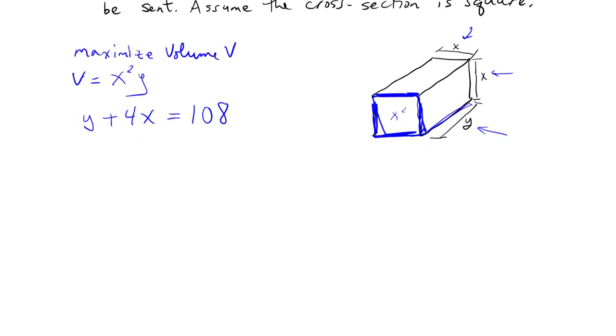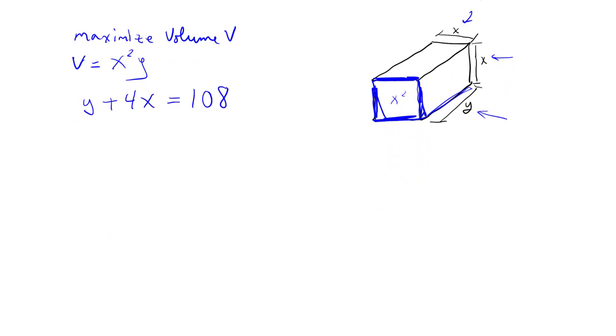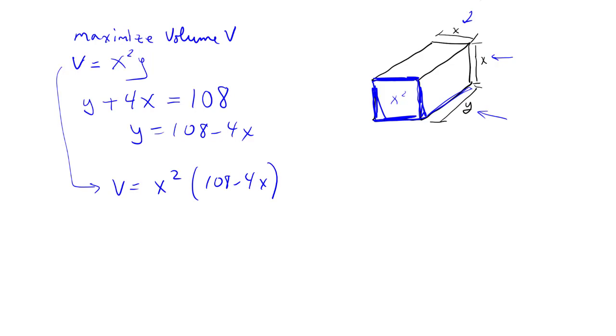So that means we can now get y is 108 minus 4x, which allows us to bring our volume equation to V equals x squared times 108 minus 4x, and we've been able to eliminate y and get a function of one variable. So we have V of x is 108x squared minus 4x cubed.